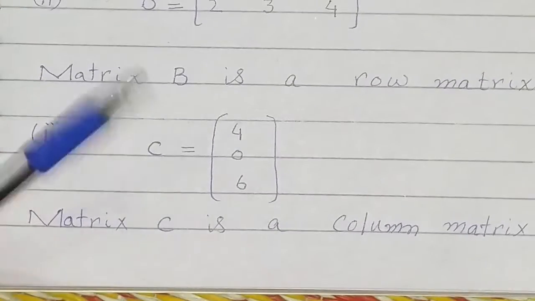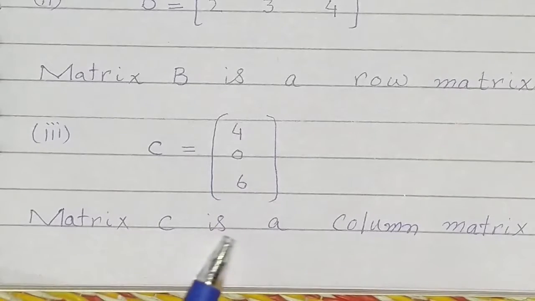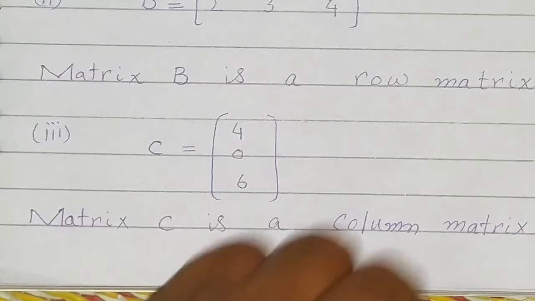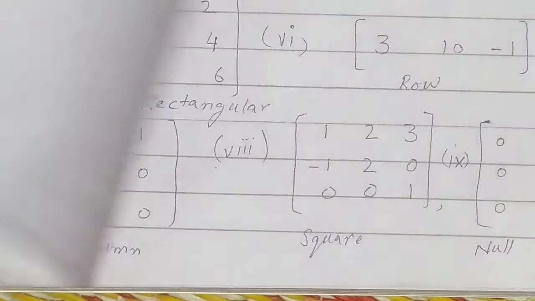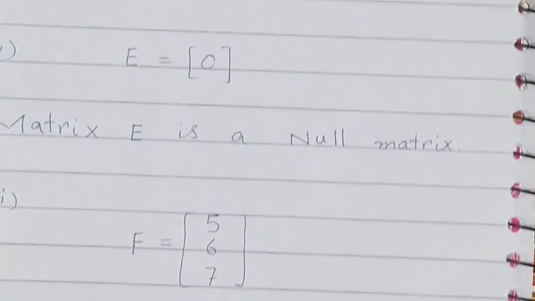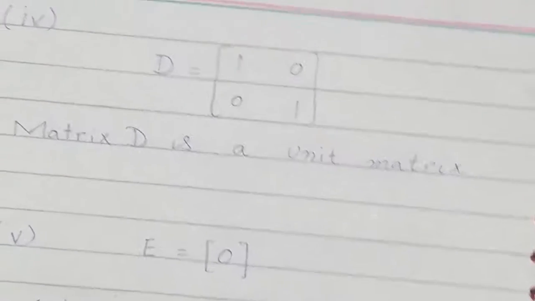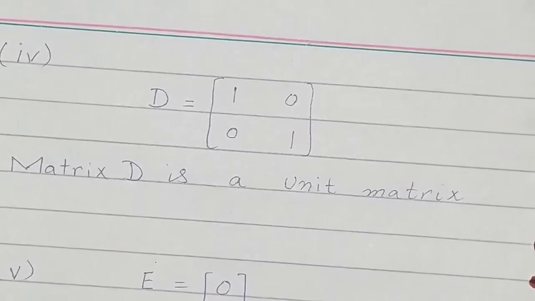So this matrix C has only one column, so it can be called a column matrix. Here is another one for you. Here it is.